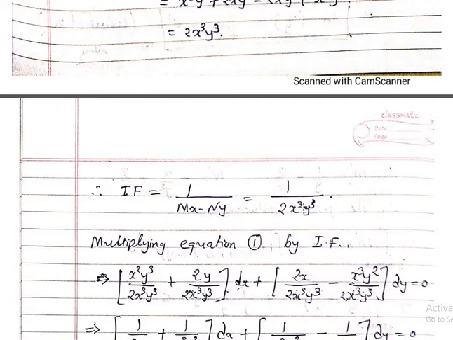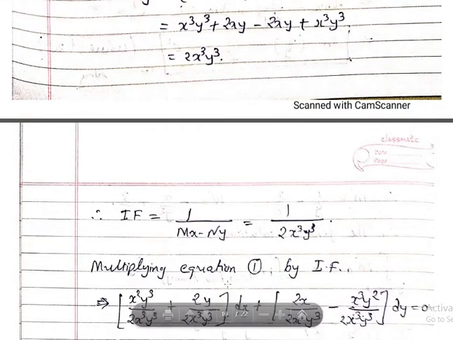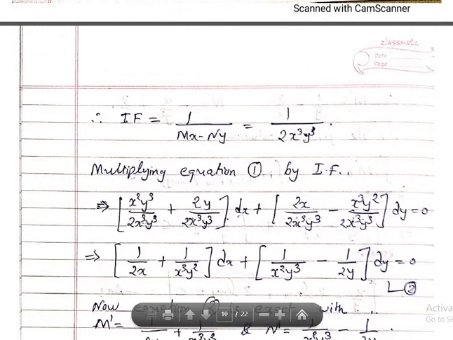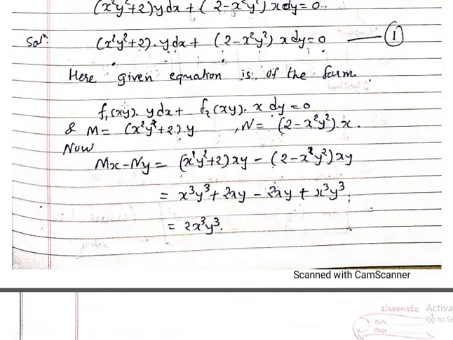So multiplying this equation by the IF, that will give you x square y cube upon 2x cube y cube plus 2y upon 2x cube y cube. What I have done is I have multiplied this y inside and then multiplied each term by 1 upon 2x cube y cube.